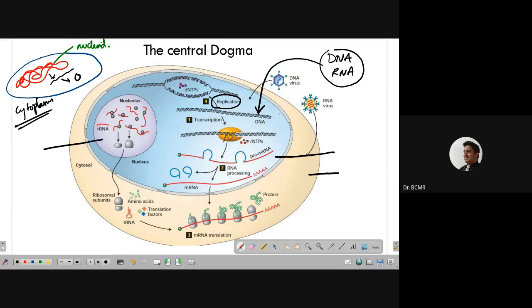In eukaryotes, as we learned in our 3rd chapter on genomic organization, the majority of eukaryotic genes have a lot of introns. What are introns? Introns are intervening sequences. If that is the coding region, you have certain regions within the gene that are intervening or non-coding.